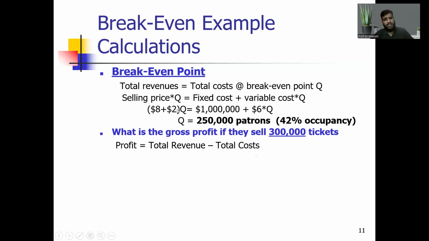And same thing, 10 minus 6. 1 million divided by 10 minus 6, 4, equals 250,000 or 42% occupancy rate. Have you got it?